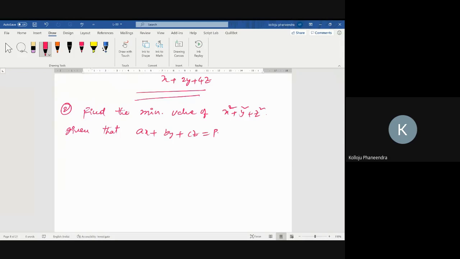The sum of three numbers is constant. That means x plus y plus z equal to a.